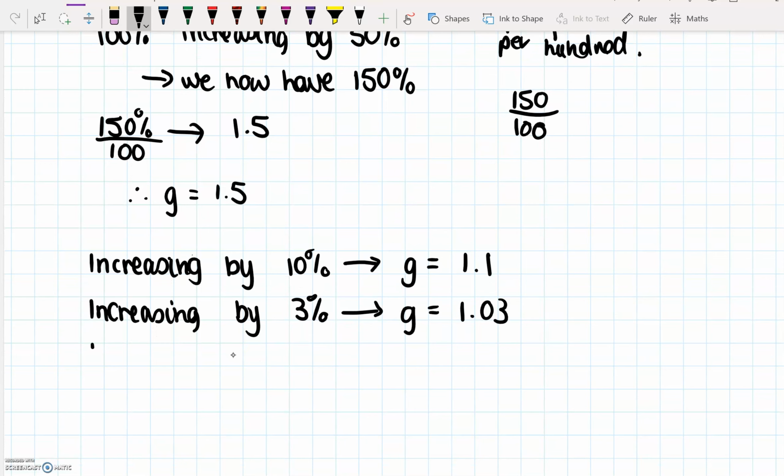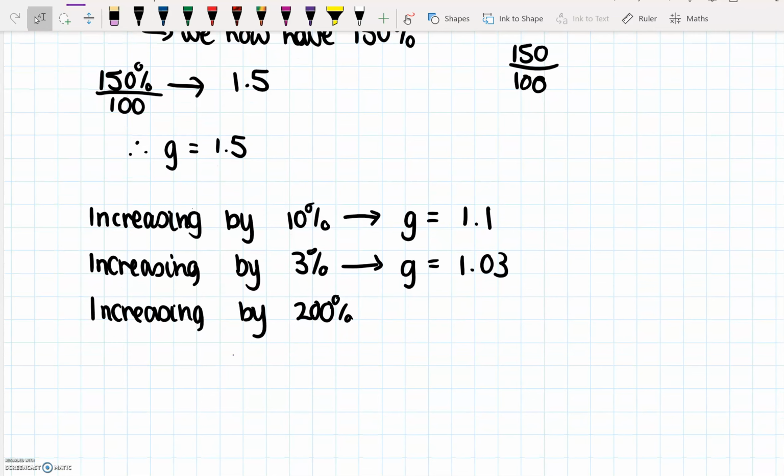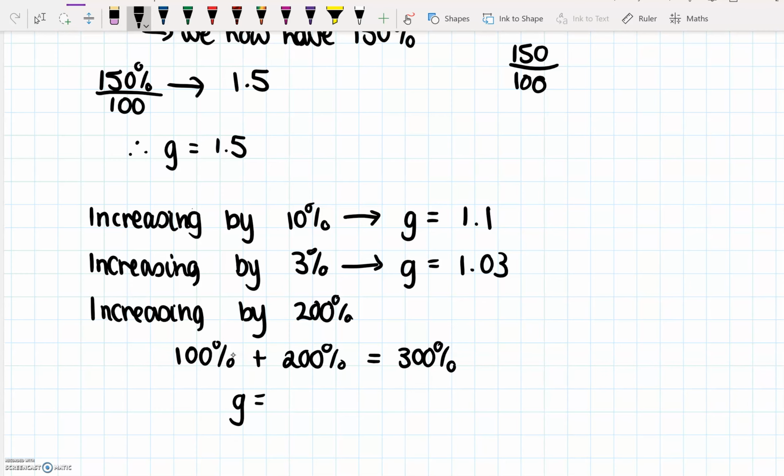All right, if we are increasing by 200%, okay, so this one looks a little bit harder. We had 100%, so this means we have 100% plus 200%, and that gives us 300%. So in this case, G is going to be equal to 3.0.